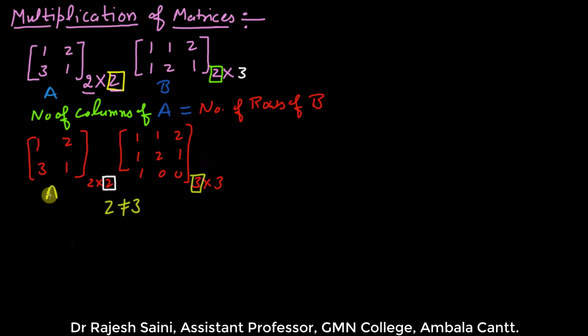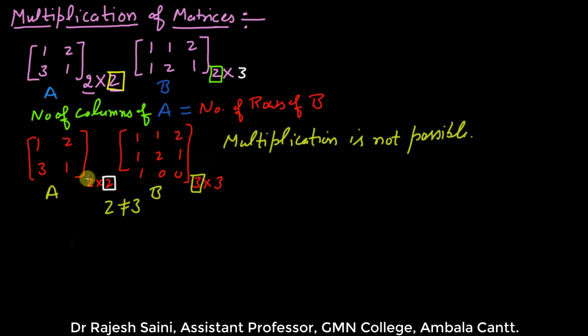So if we take this as A and this as B, multiplication is not possible. But in the earlier case multiplication is possible, and we will be multiplying.